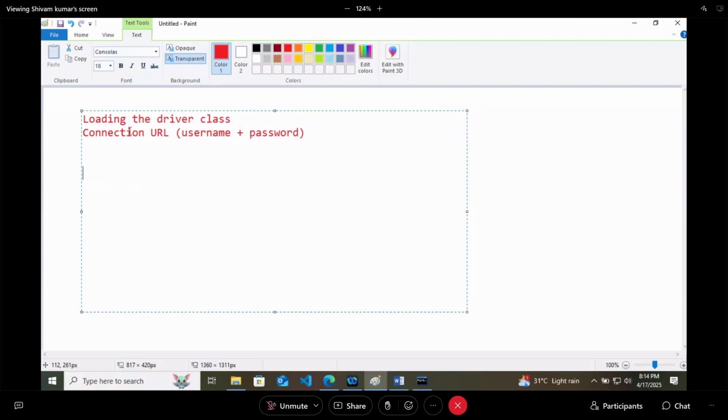What is the next step? You have loaded the driver class and the connection URL. What is the next step? Prepared statement. Prepared statement will come before the query. Think. What is the flow of JDBC? The flow of JDBC, I am asking.